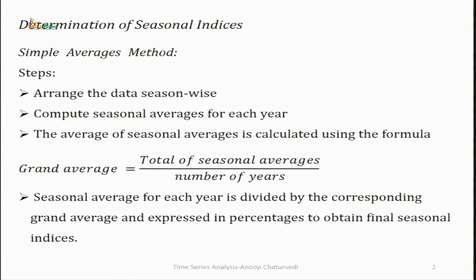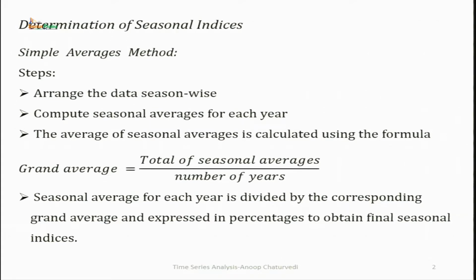The first method which I have considered is the simple averages method. The steps for this method are: first you arrange the data season wise, then you compute the seasonal averages for each year. So, suppose it is quarterly data and the data is for 2011, 2012, 2013 and 2014.